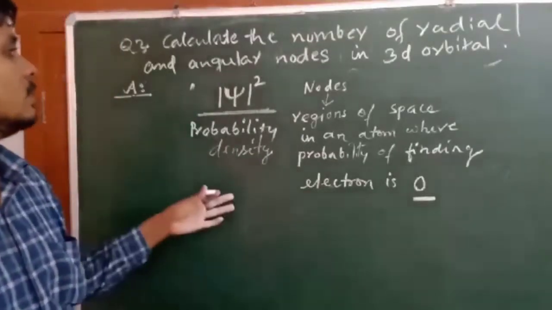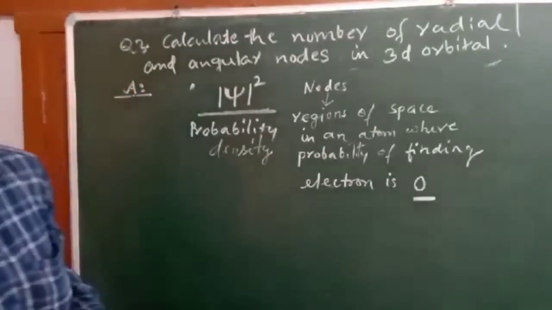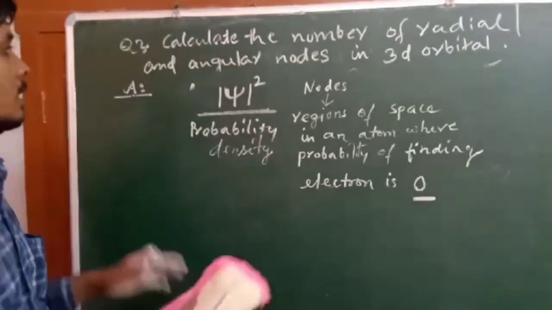So that means these will be spaces inside an atom where we don't have any electron, or we don't have any electron density in an atom.